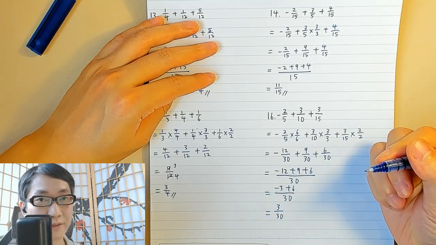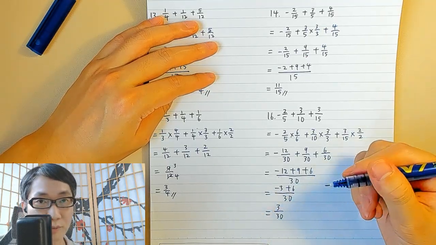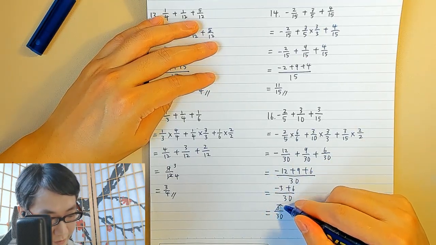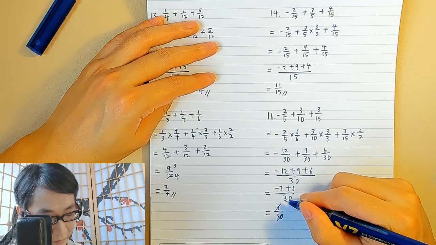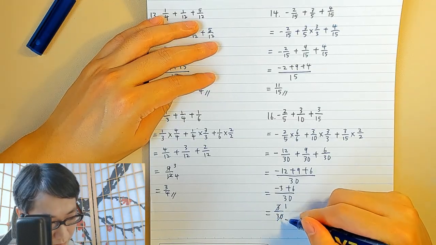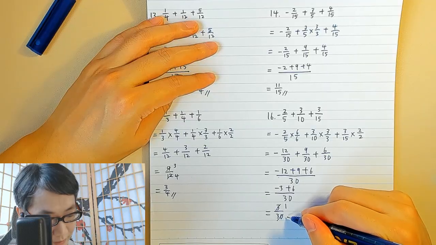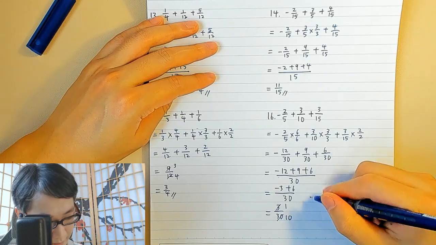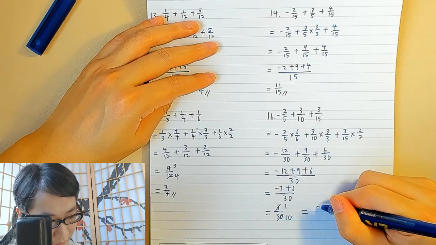Three over 30. So both of them are divisible by 3. So simplifying, 3 divided by 3 is 1. 30 divided by 3 is 10. And we have our answer: positive 1 over 10.